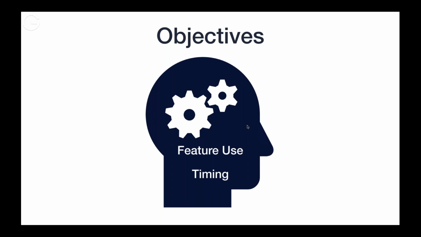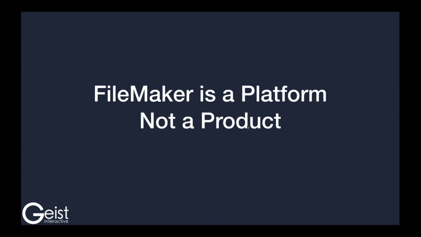The biggest thing that I want to get across and that Geist Interactive is interested in is that, it's on the previous slide, we don't consider FileMaker just a product. Todd wrote a great post about who cares about the number 17? Who cares about this big release here? Because FileMaker is a platform and it's just going to continue forever. We get yearly releases and it just builds upon each other. So there's a lot of discussion right now in the community about should I upgrade?